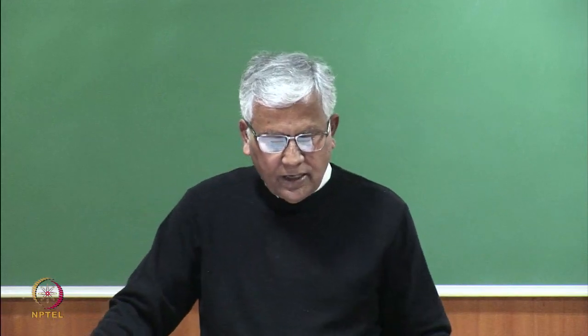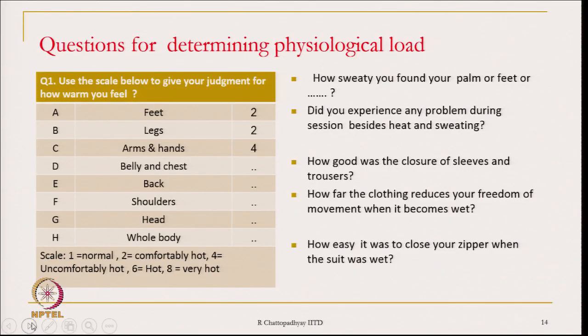So, let us say we write questions about how much sensation of heat he gets at different body parts. So, for heat, let us say scale 1 means normal, 2 means comfortably hot, 4 means uncomfortably hot, 6 means hot, 8 means very hot.